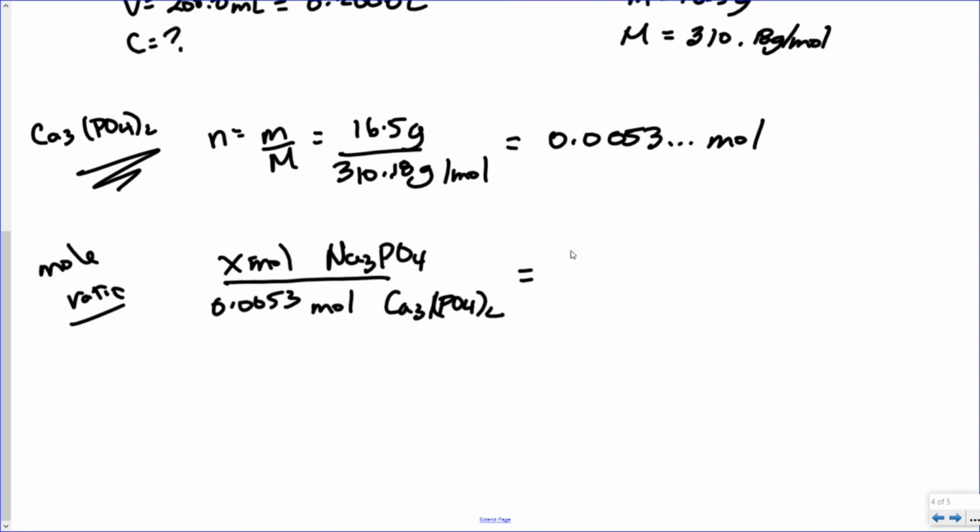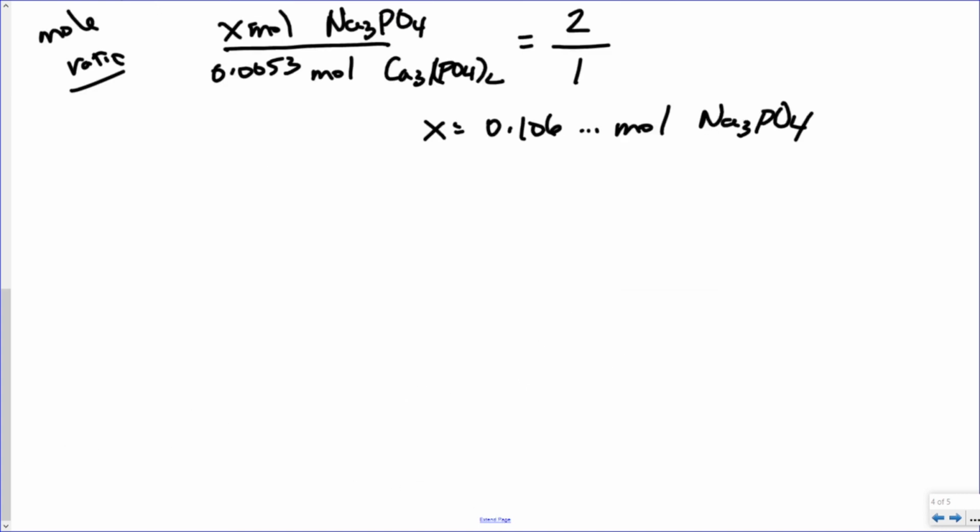So the sodium phosphate was a 2, the calcium phosphate was a 1. So we're going to have 1 times X equals 2 times this number. So we'll just get X equals 0.106 moles of Na3PO4. So that's the mole ratio.